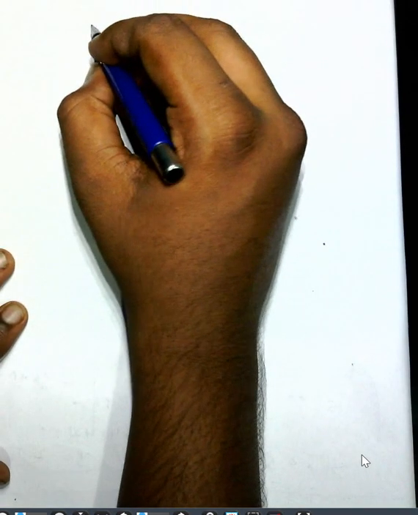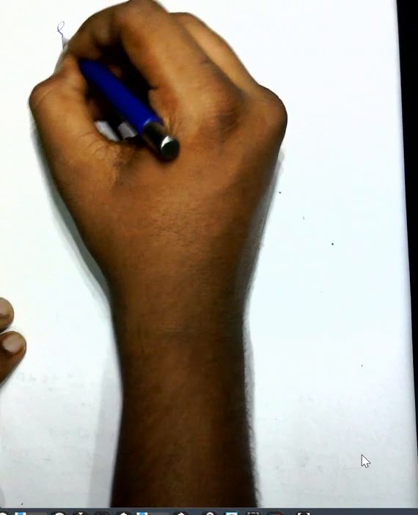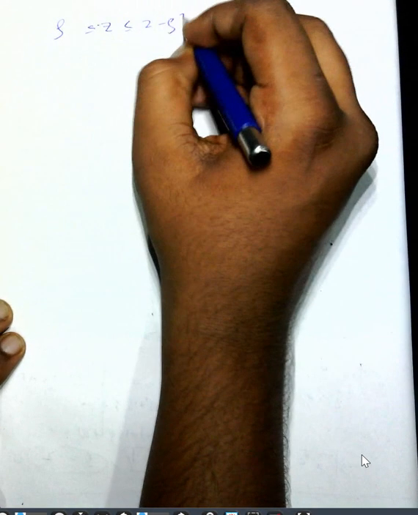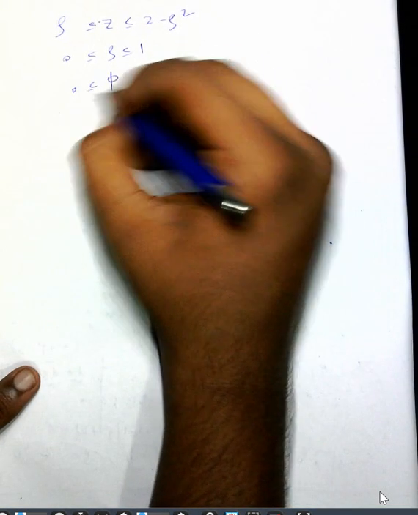As I said, z has to lie between rho and 2 minus rho square, rho has to lie between 0 and 1, and phi has to lie between 0 to 2 pi.